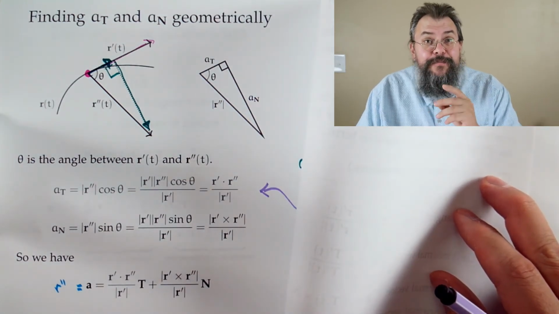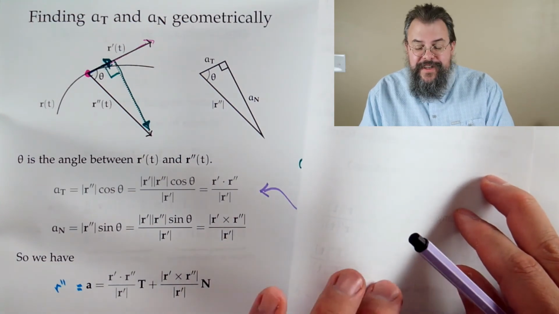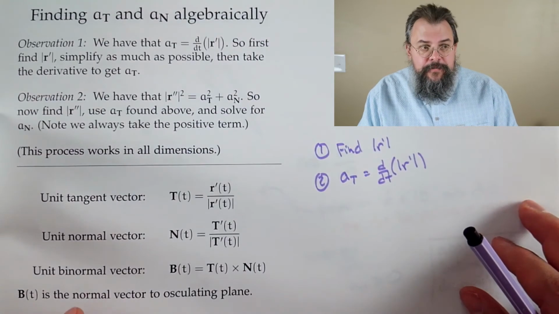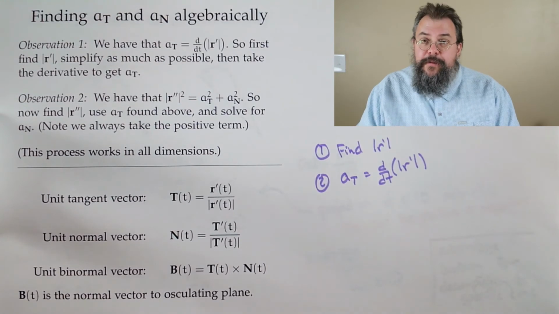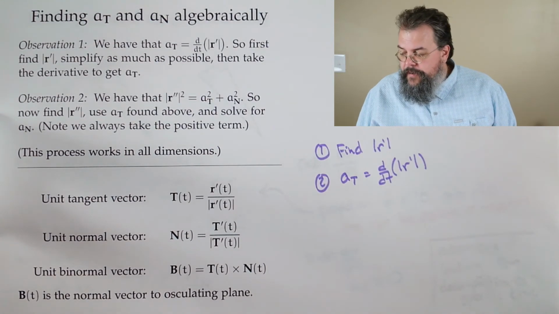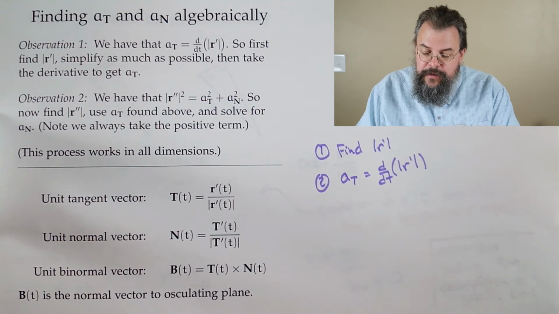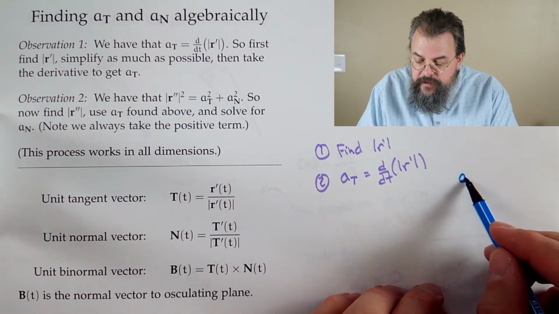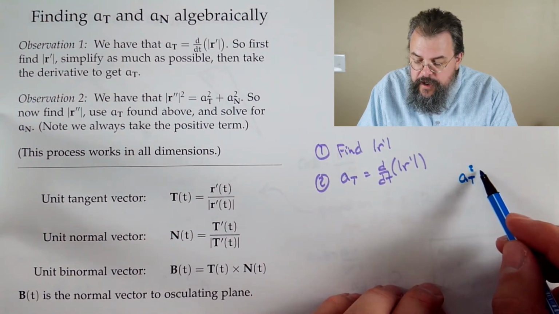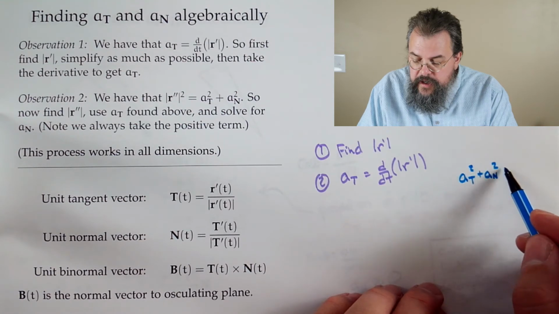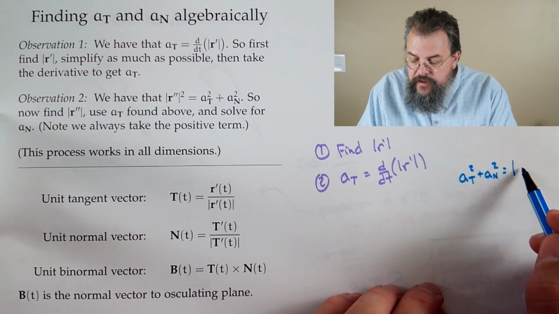But there's another beautiful fact about right triangles, which is the Pythagorean theorem. By the Pythagorean theorem, if we add up the squares of the sides, a sub t squared plus a sub n squared is the magnitude of acceleration squared.